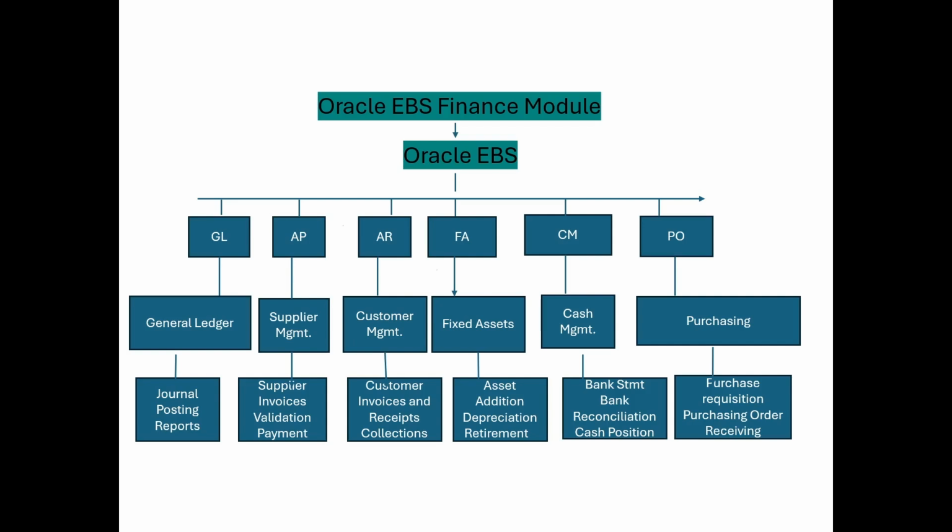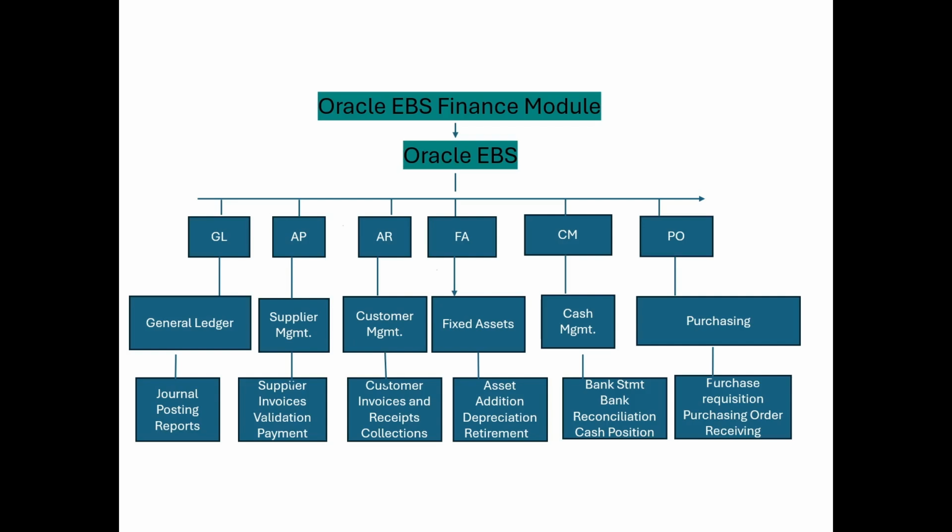And why do you use Cash Management? For bank reconciliation, cash position tracking, and statement reconciliation. I will give you one example. After the bank sends statements, Oracle compares them with the company's records to identify any differences. So that is when we use Cash Management.